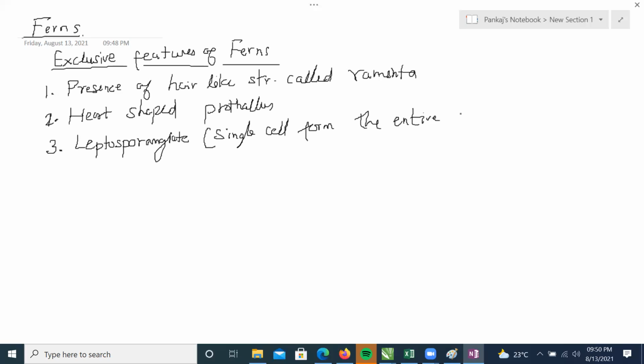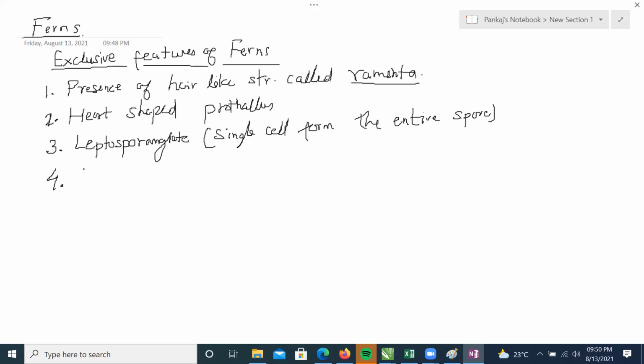What is the hair-like structure called? Ramenta, R-A-M-E-N-T-A. Okay. Leptosporangiate means a single cell forms the entire sporangium, right?